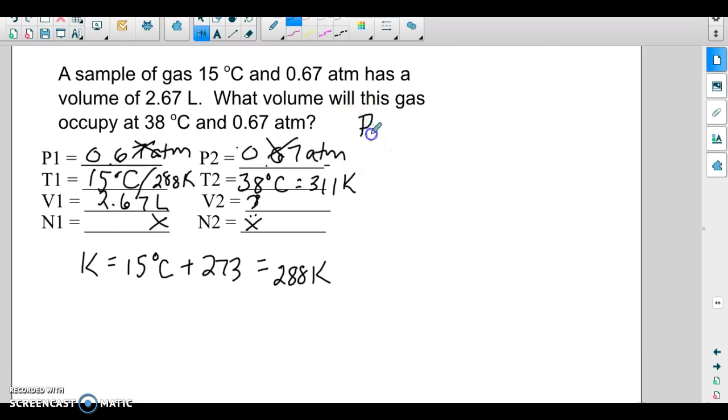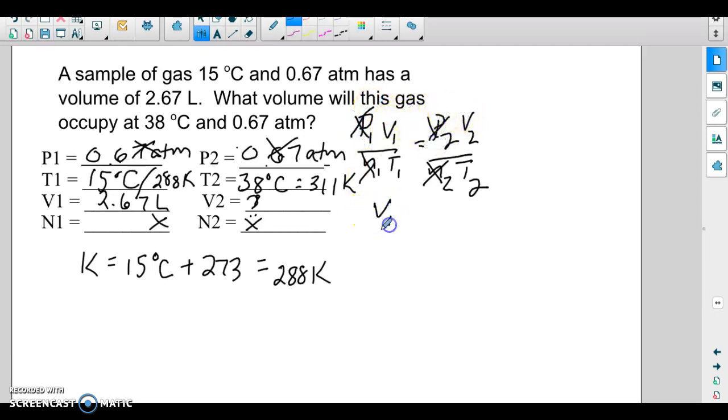So if I look at the combined gas law, if this is the only equation that I memorize, I can see that I can take out my moles and I can take out my pressure. So what I'm left with is V1 over T1 equals V2 over T2. And this is Charles' law.